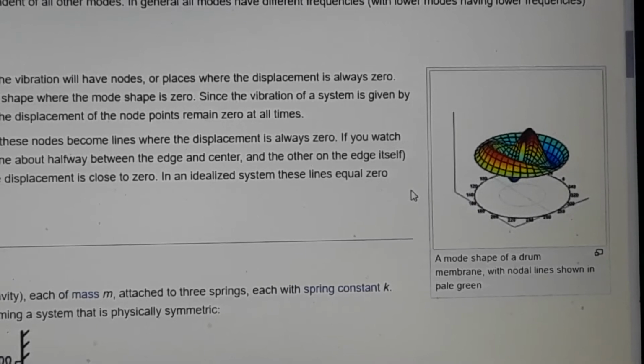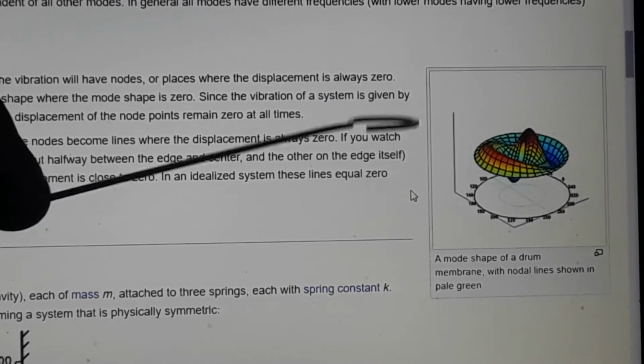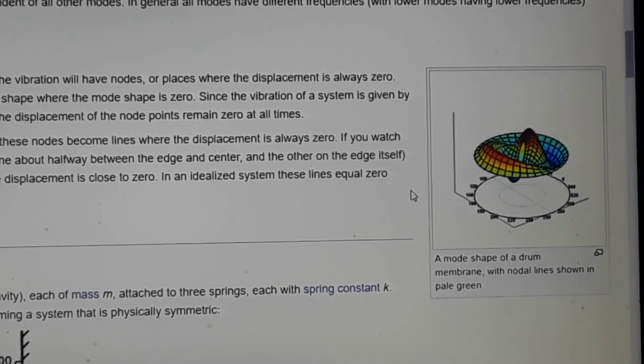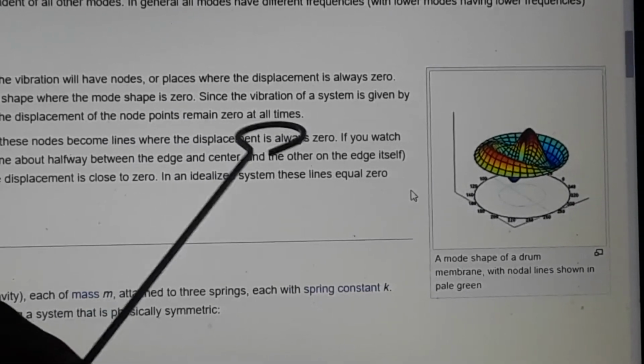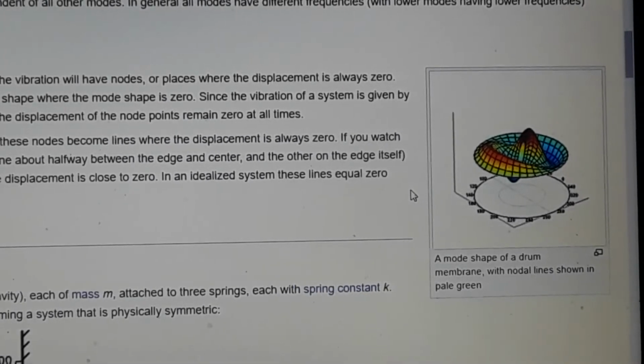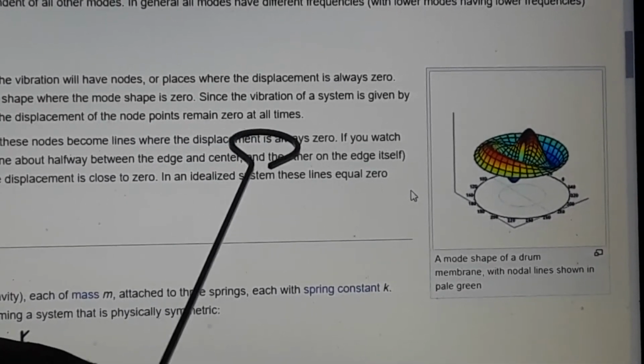So when we're talking about a one-dimensional system, at a given mode, the vibration will have nodes, or places where the displacement is always 0. These nodes correspond to points in the mode shape where the mode shape is 0. Since the vibration of a system is given by the mode shape multiplied by a time function, the displacement of the node point remains 0 at all times.